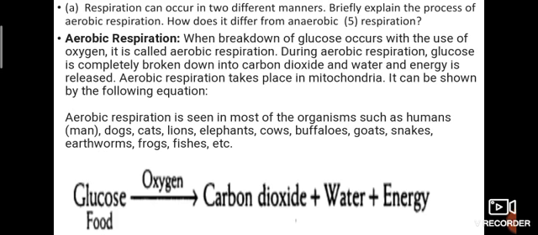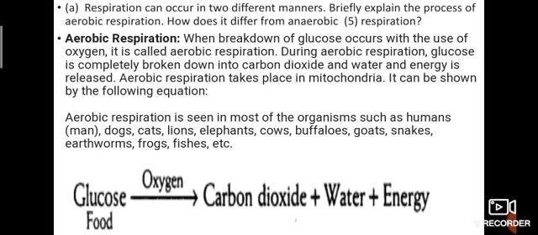During aerobic respiration, glucose is completely broken down into carbon dioxide and water and energy is released. Aerobic respiration takes place in mitochondria. It can be shown by the following equation.